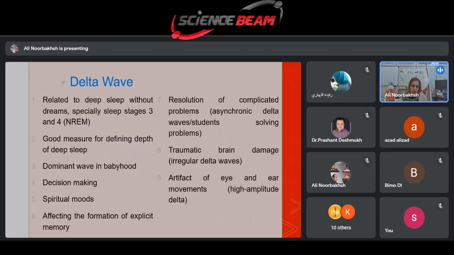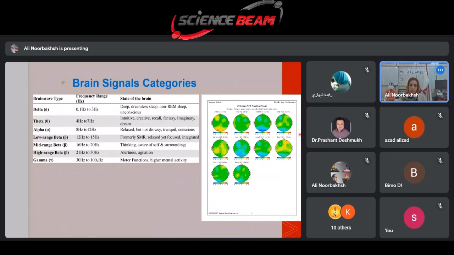You should know that in the QEEG, green is normal. Green color is normal, okay? And red means increase in the frequency band, and blue means decrease in the frequency band. Normal is green.